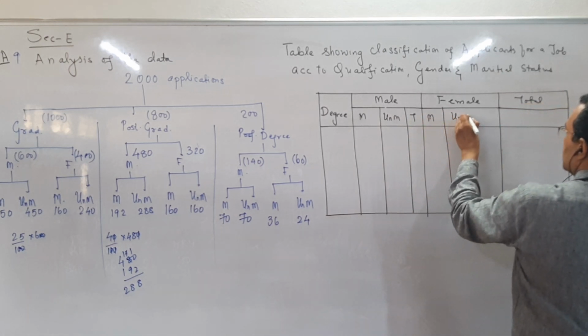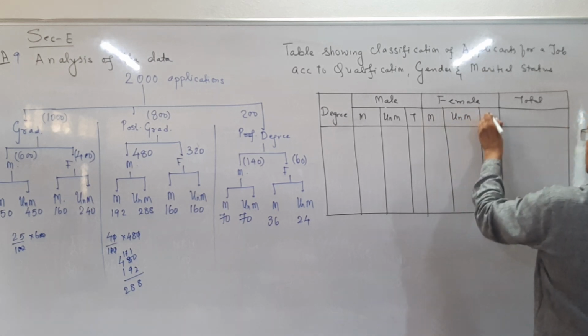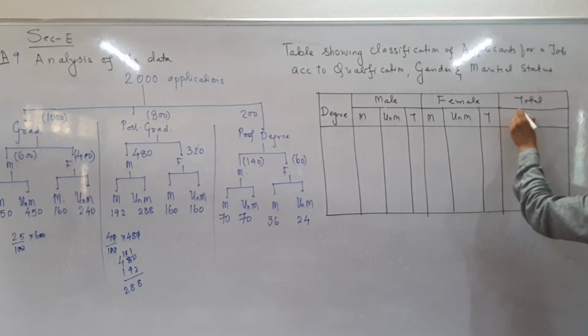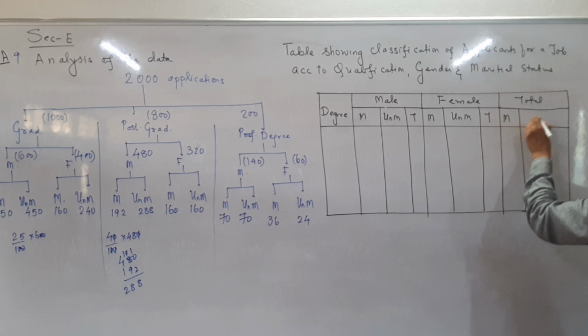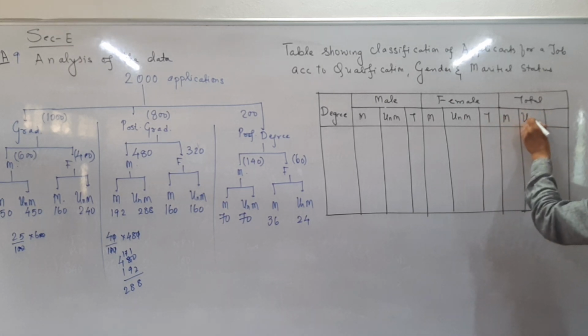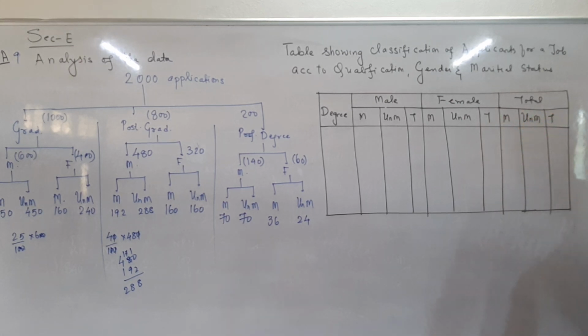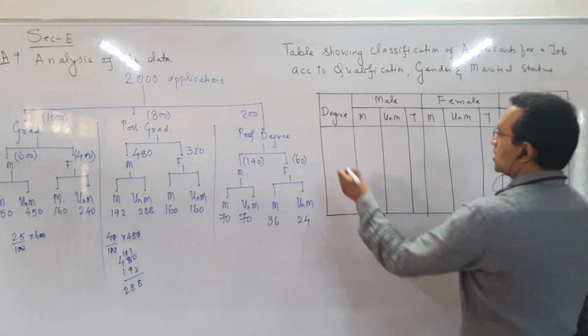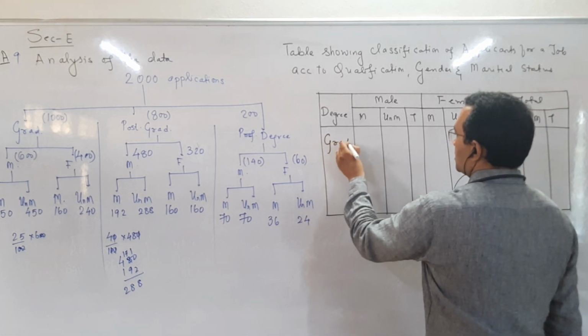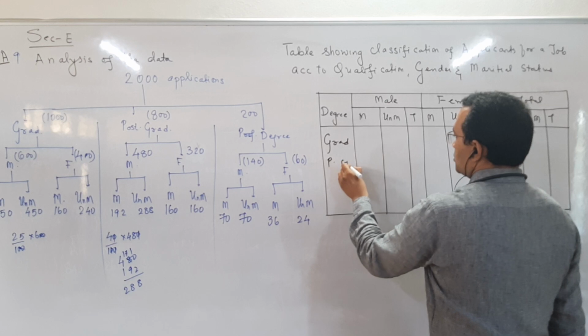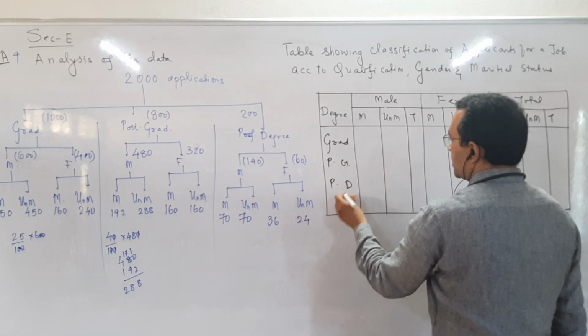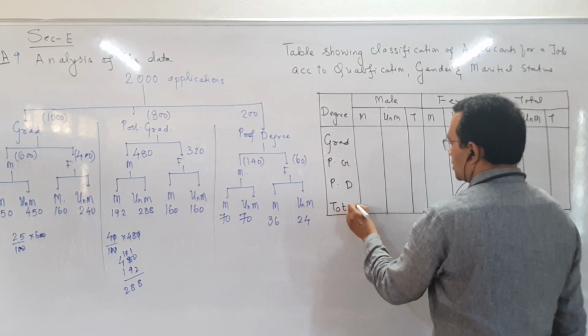Married, unmarried, and total, again married, unmarried, and total. Graduate, postgraduate, and professional degree, and again total.